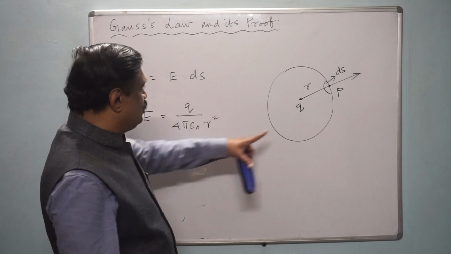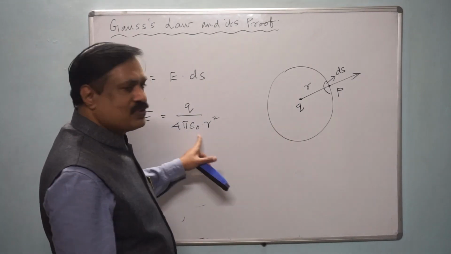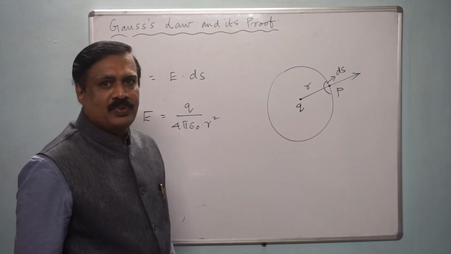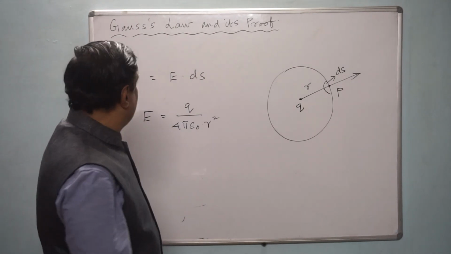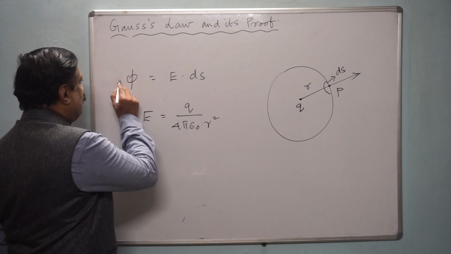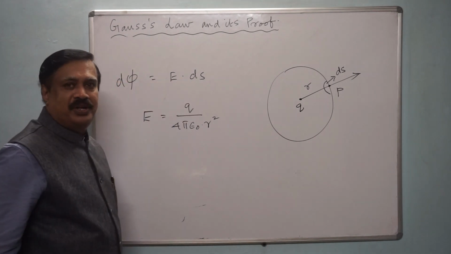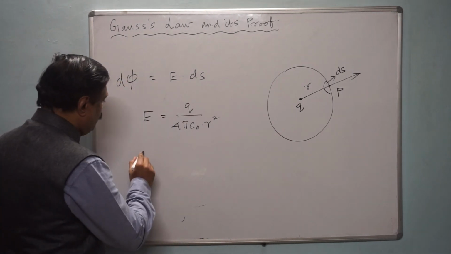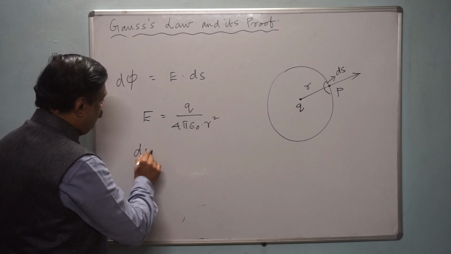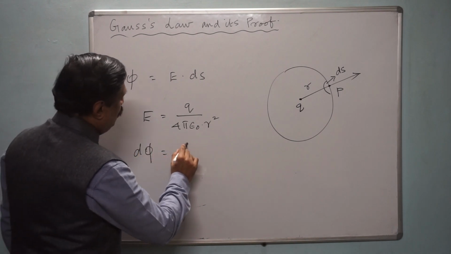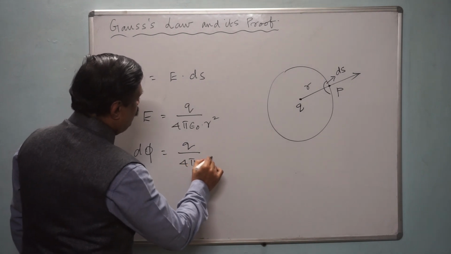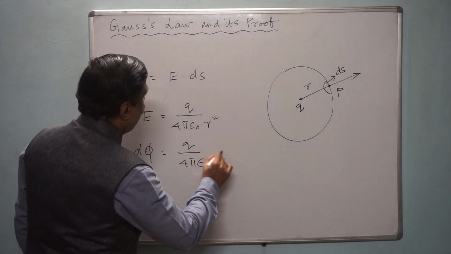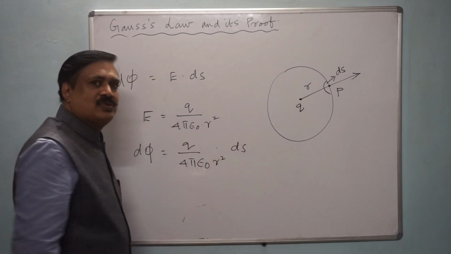Now you substitute here. This is for d phi. If you substitute, d phi equals q by 4 pi epsilon 0 r squared into ds.